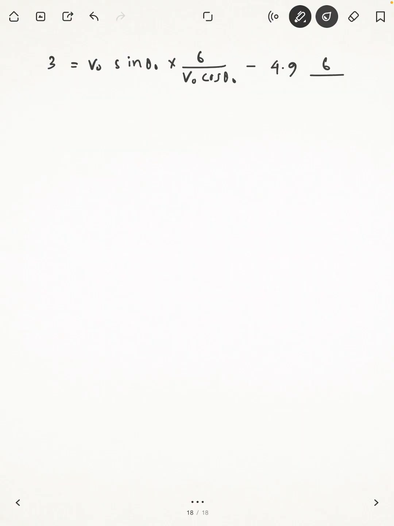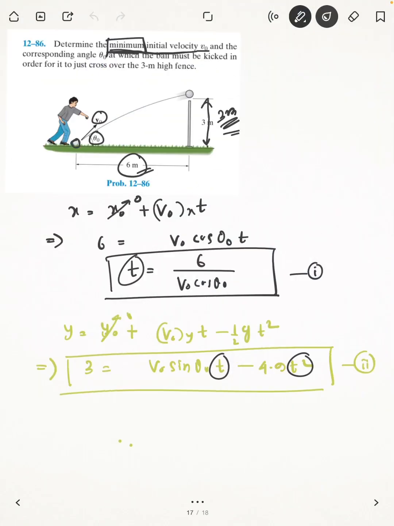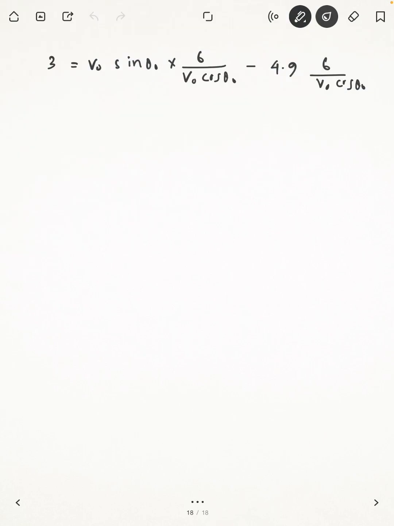So it should be 6 divided by v naught cos theta naught, the whole square.